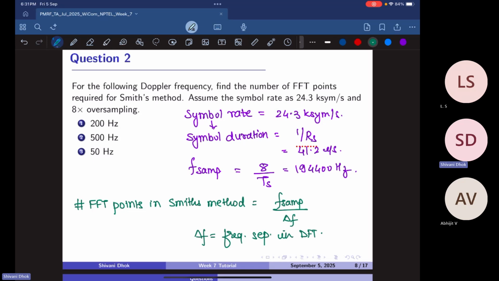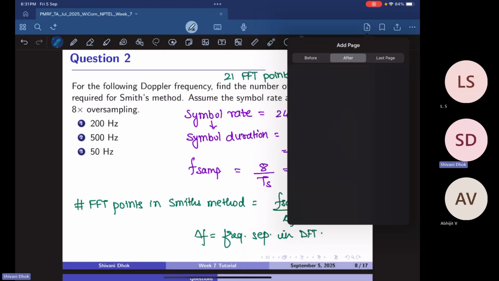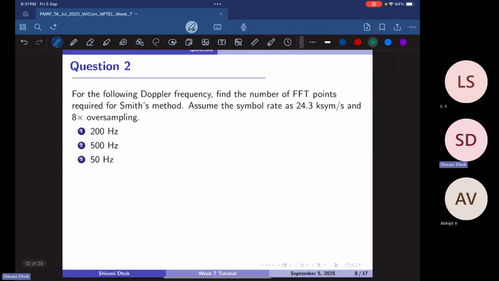Okay, and what we are saying is in the signal bandwidth we want 21 FFT points between minus FD and FD. This is the standard thing that we had looked at earlier also. Okay, so now let us try to do it in these three cases.